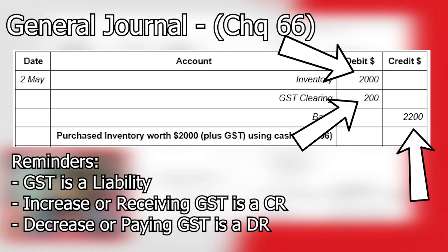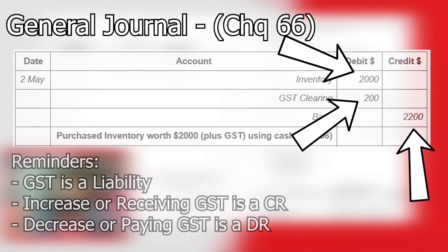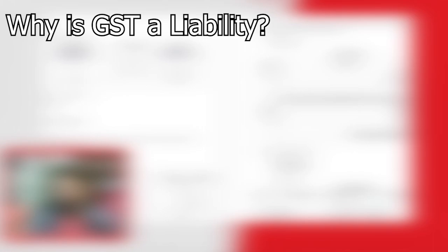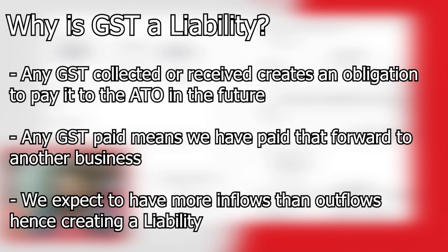It's a credit because we treat it as a liability. Now, why do we treat it as a liability? It's quite simply because when we collect GST, we're expected to pass it on to the ATO, and when we pay the GST, we're reducing our own obligation. So that's the long story short as to why this happens.